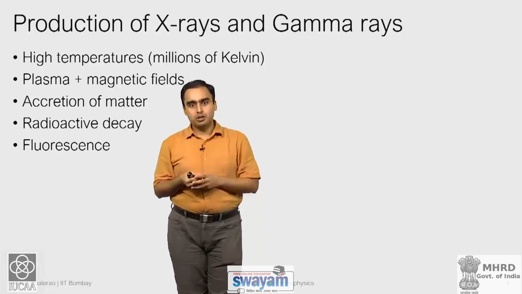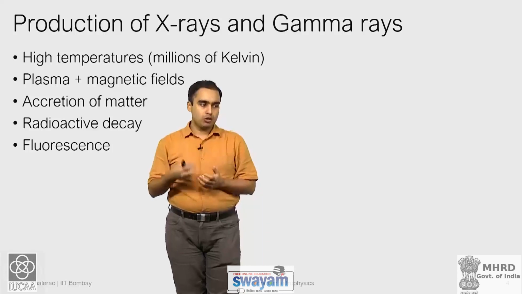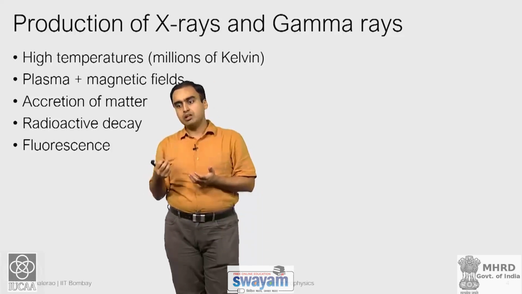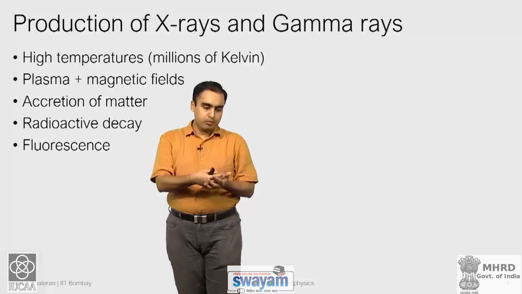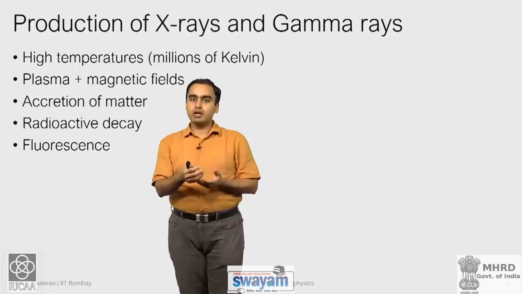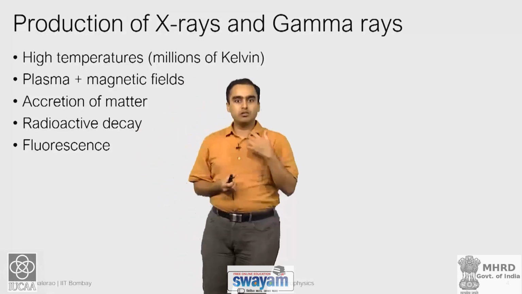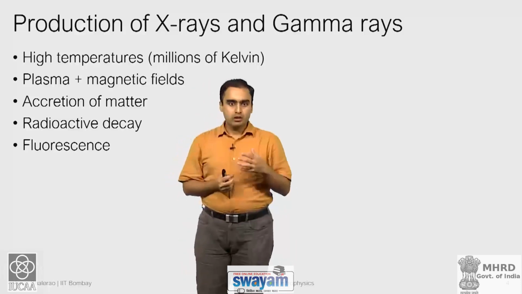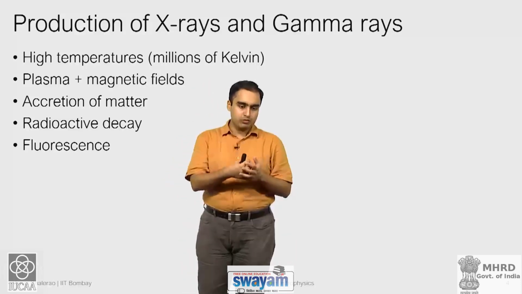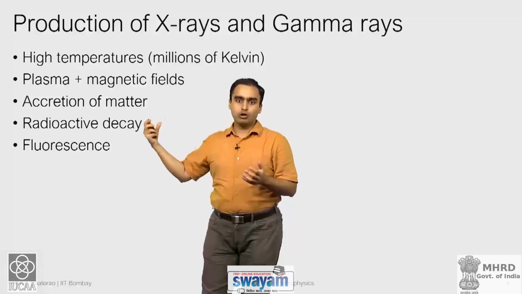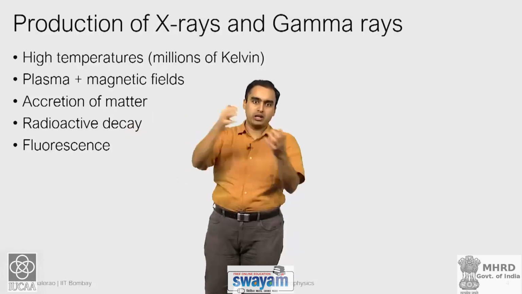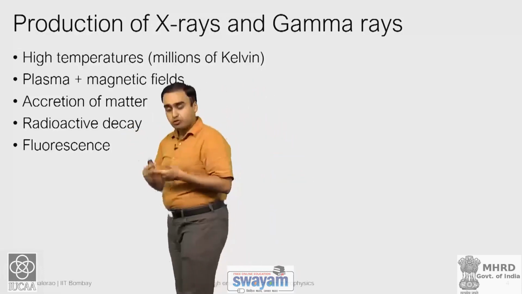Those could be generated thermally, but by far the most common way of generating X-rays or gamma rays is when you have plasma which is interacting with a magnetic field. So, you can start having various emission forms there, and then to generate that plasma, of course, you could have either a hot body, or you could be taking matter from one object and dumping it into another, which is called accretion.